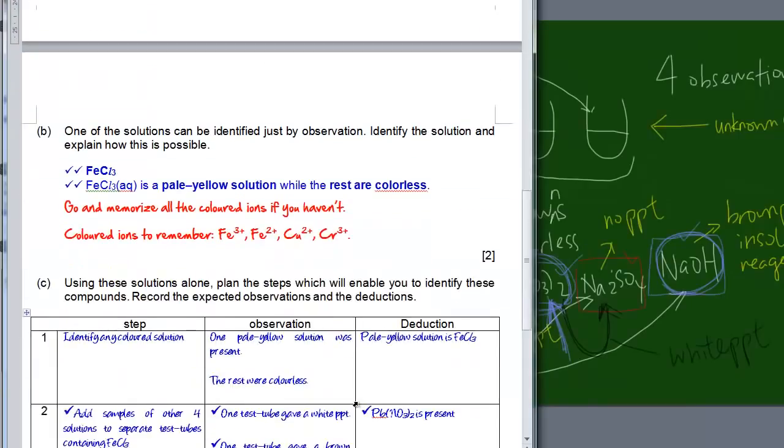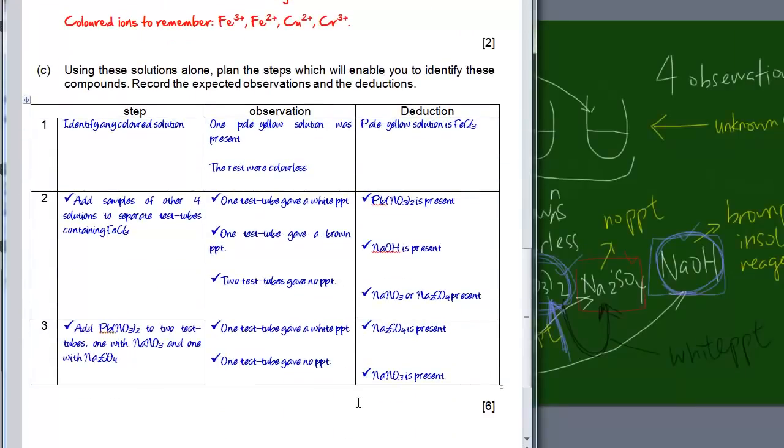This is what the last part is about. I'm going to go through it very quickly with you. Now, using these solutions alone, plan the steps which will enable you to identify these compounds, and record the expected observations and deductions. The first step is to identify any colored solution. If you observe one pale yellow solution, that would be the FeCl3.